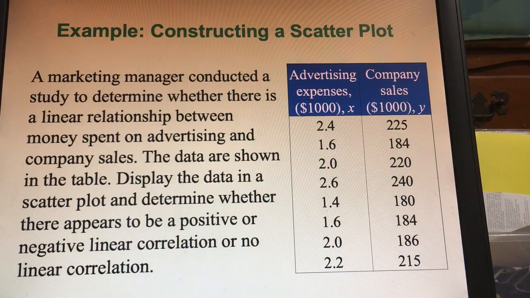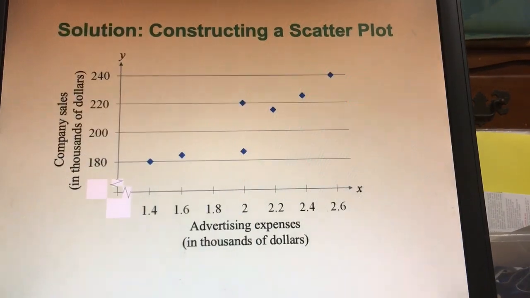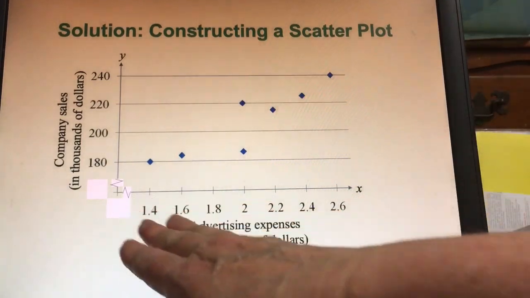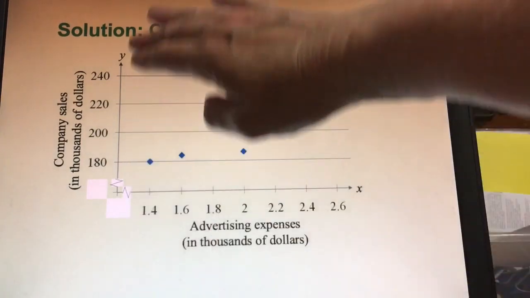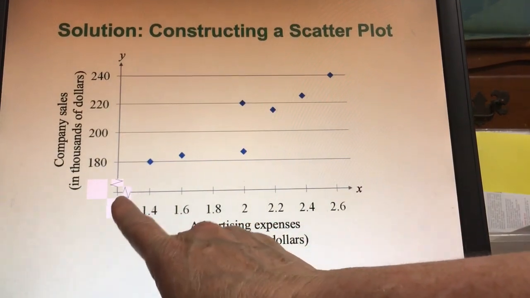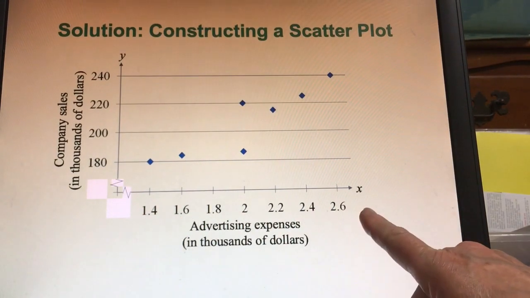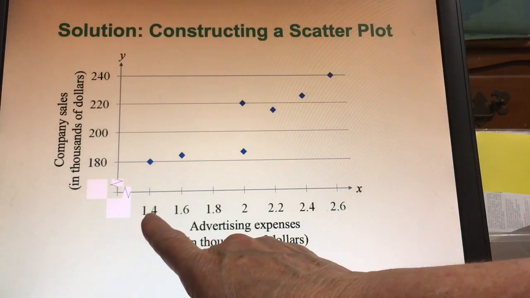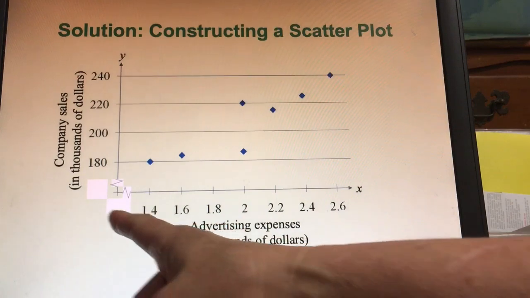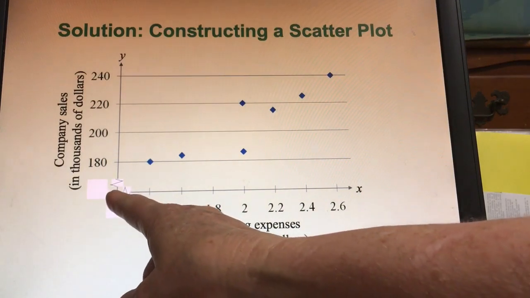So to find that data, I'll show you in a minute here. So here we have the scatter plot just by getting our x-axis, our y-axis. Notice that they're using a broken graph here because we didn't start until 1.4, and our scale is 1.4, 1.6, 1.8, and we didn't have any data before that, so they made a little broken graph.